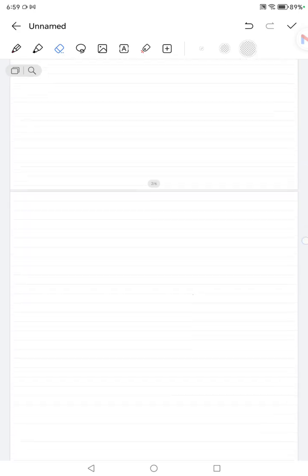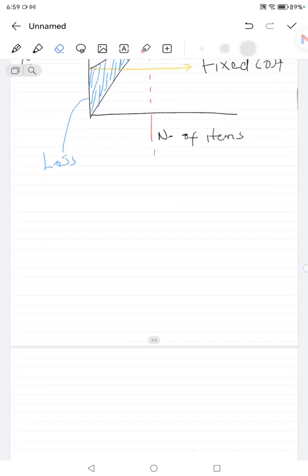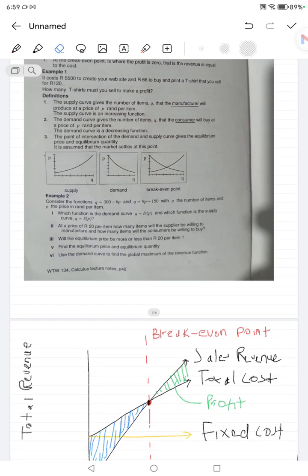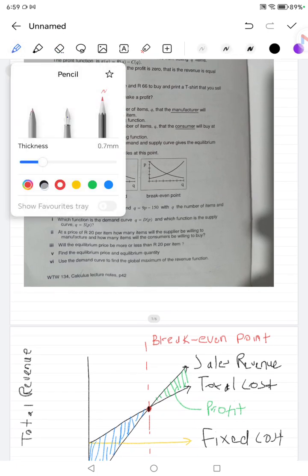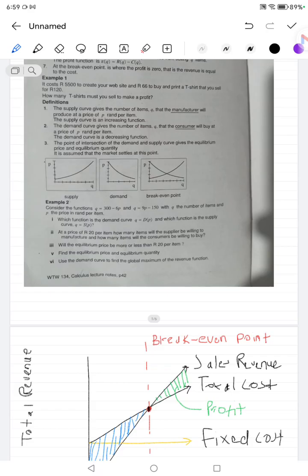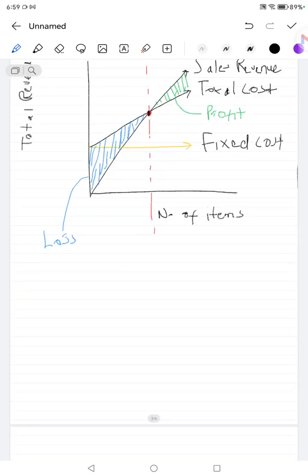Okay, we have 300 minus 6p and 9p minus 150. Yeah, okay, now I've got them.